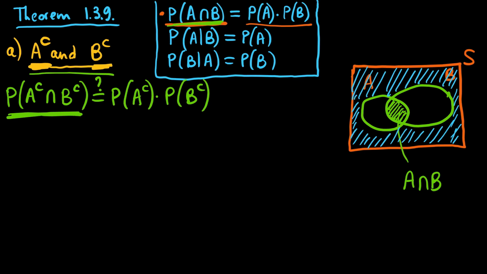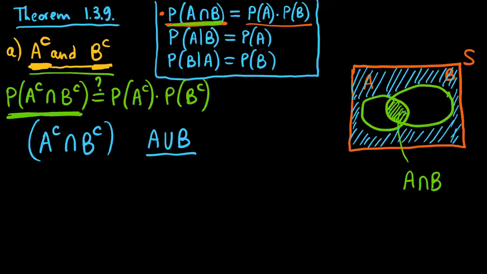Even in just expressing that, we've already mentioned two disjoint sets. The intersection of the complement of A and the complement of B, and the union of A and B, are disjoint, and their union is the sample space.